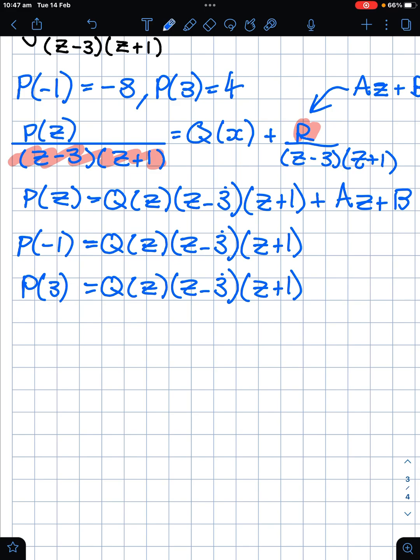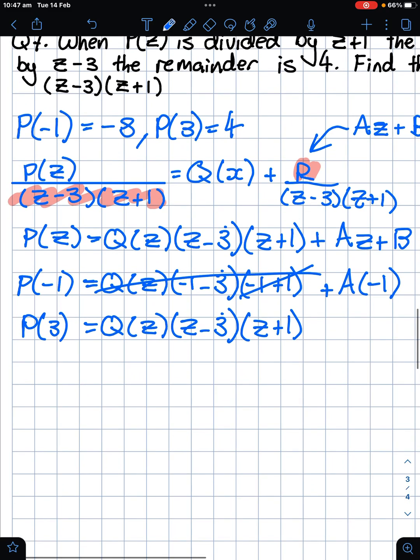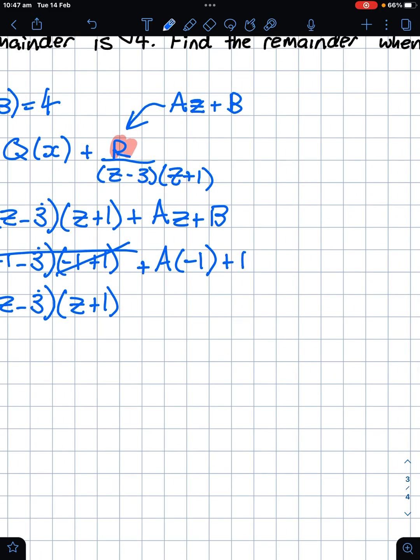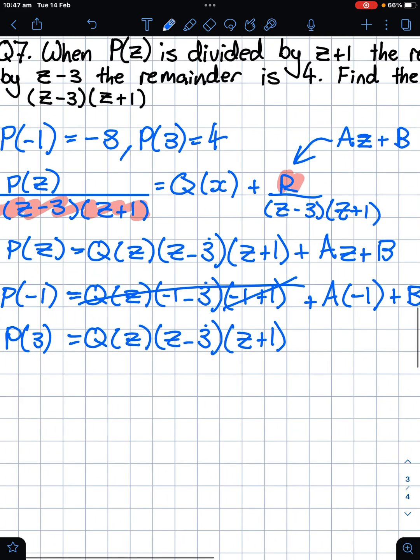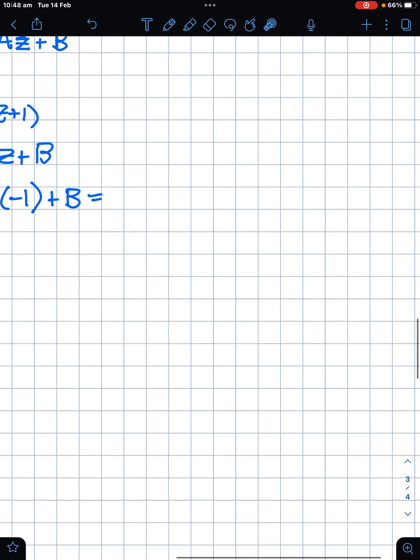So every z here, we're going to change to negative 1, and this here is 0, which means this whole thing is 0. Now plus a times negative 1, because z was negative 1, plus b, and when z equaled negative 1, we had a remainder of negative 8. So this whole thing has to equal negative 8.